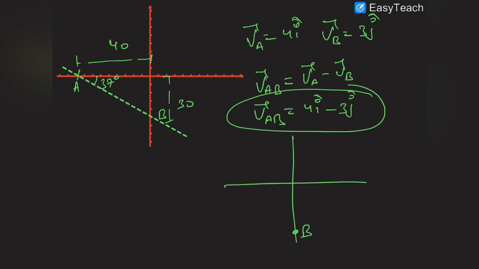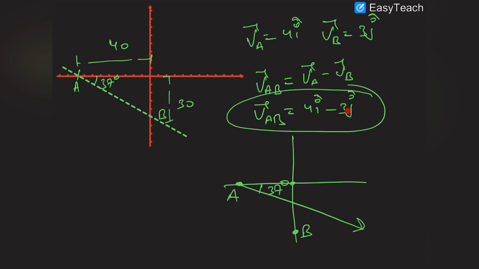we can say that this vector is going towards the fourth quadrant. A is at this point and this vector is going towards the fourth quadrant, like that. This vector makes an angle of 37 because its y component is 3 and its x component is 4.